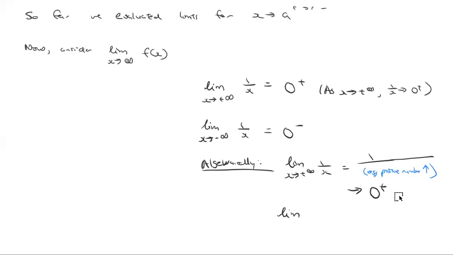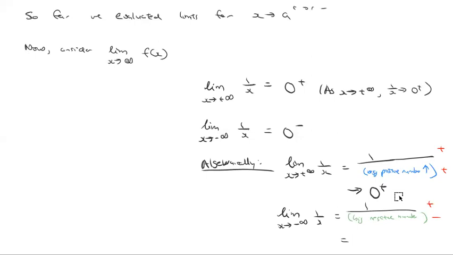Now, the limit as x approaches negative infinity will be 1 divided by a very big negative number that's getting bigger. And so it's going to be a negative number because you've got positive divided by negative. So think about the fact that this was a positive number divided by a positive number, but this is a positive number divided by a negative number. So you know your answer is going to be negative.